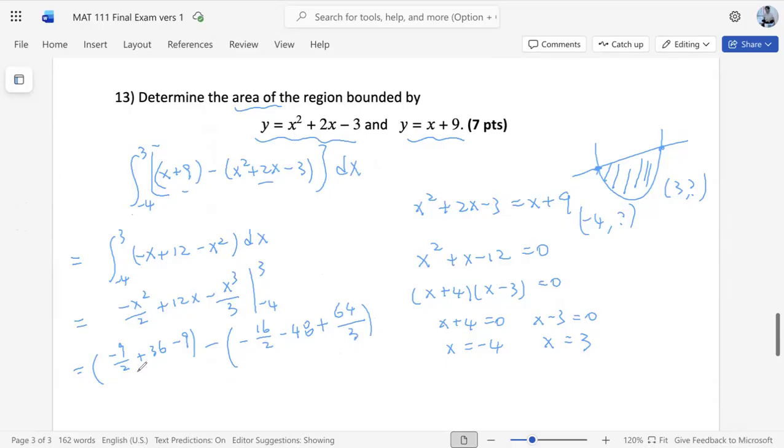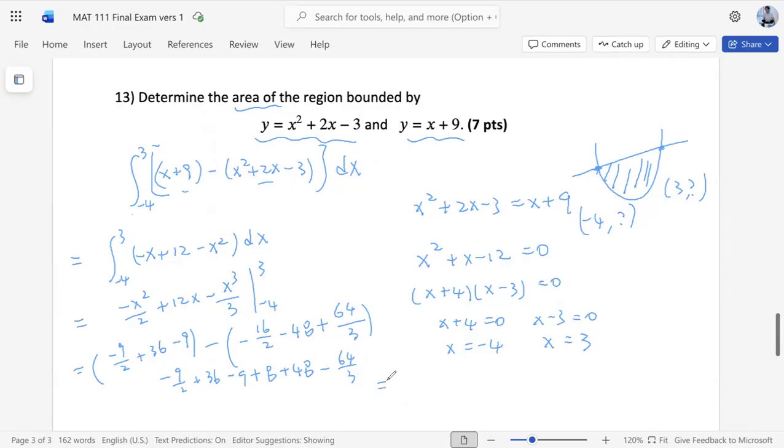Now let's see this. We have -9 over 2 plus 36 minus 9. Minus become plus. 16 divided by 2, that's 8. Minus become plus 48. Minus positive becomes negative.